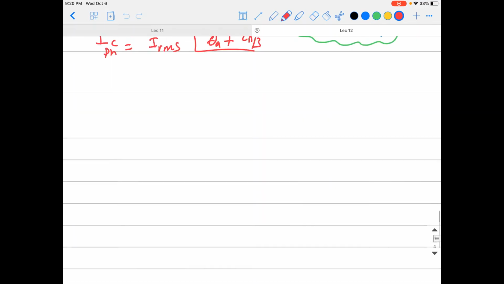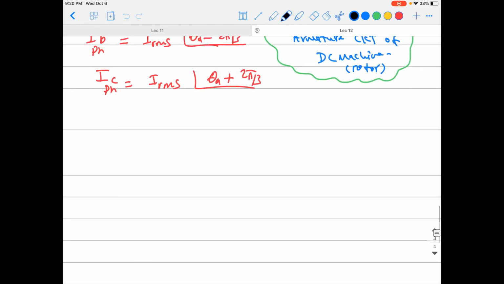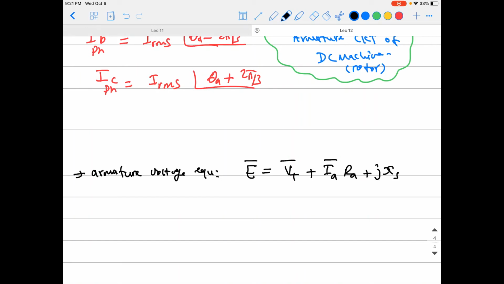Okay guys, so like we said before, you can just directly find the equations. So the armature voltage equation, you can find it directly from the circuit. So E_A equals V_terminal plus I_A R_A plus j X_S I_A.